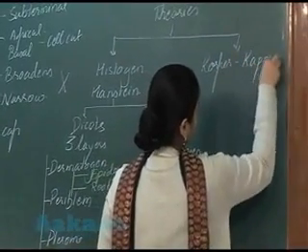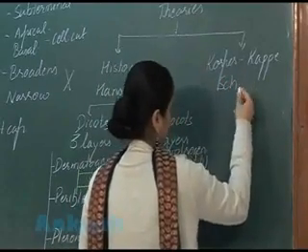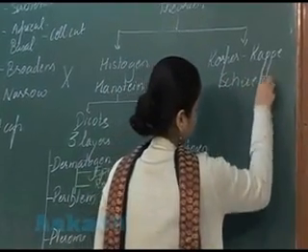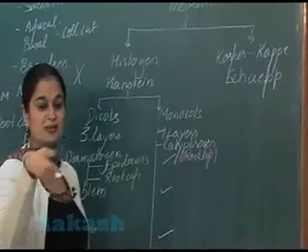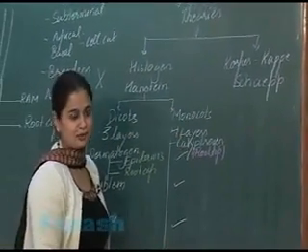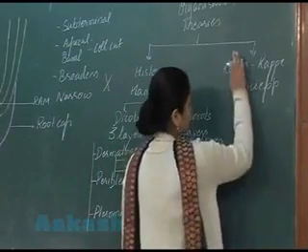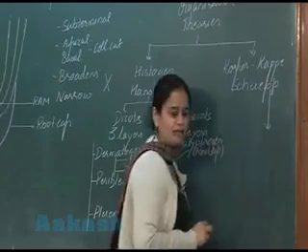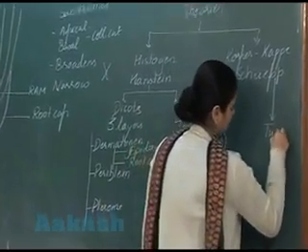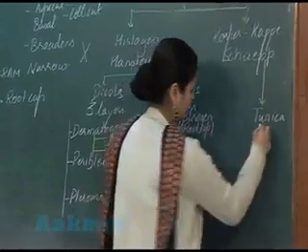Now the next theory, that is called Korper-Kappe theory. This was given by the scientist Schüepp. Now this theory is almost similar to the tunica corpus theory. Among these 2 layers, Kappe and Korper, Kappe is going to work like the tunica, means forming the epidermis.